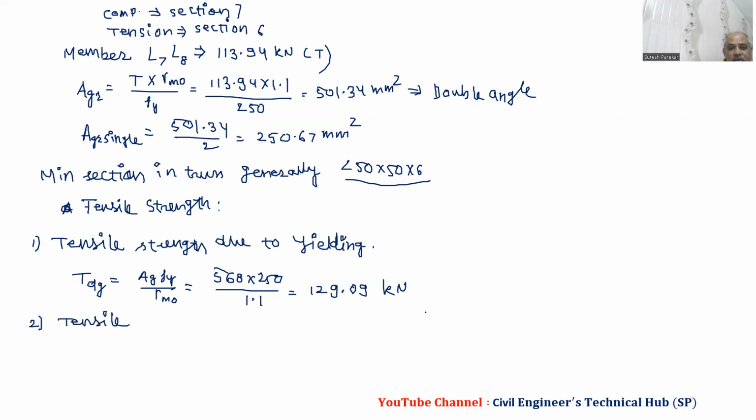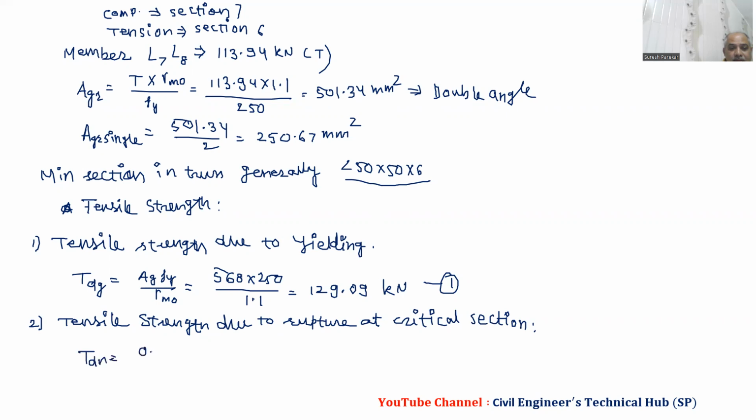Then we have second, tensile strength due to, so this is number 1. So we have tensile strength due to rupture at critical section. And then we have TDN is equal to 0.9 ANC.